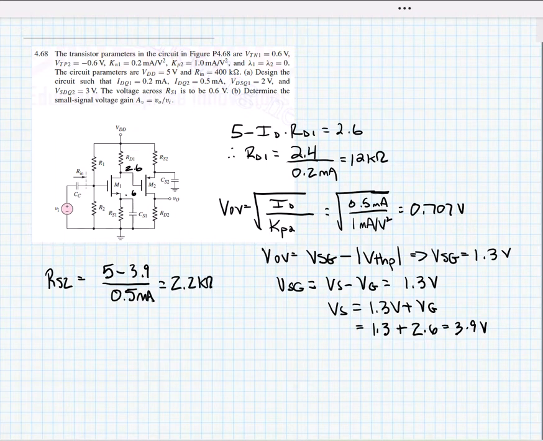Now, next, we note that the problem asks for the source to drain voltage to be 3 volts. This means that the drain voltage has to be equal to 0.9 volts.